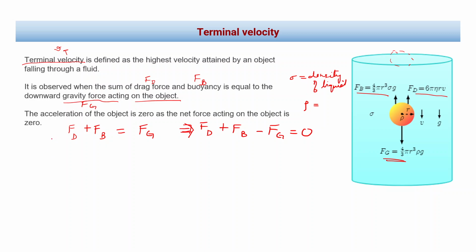So when I substitute these expressions, the drag force is 6 pi eta rv, plus 4 by 3 pi r cube sigma, the density of the liquid, times g, and this will be equal to Fg, which is 4 by 3 pi r cube rho, the density of the spherical body, whatever material it is made of, times g. g will anyway be the same.